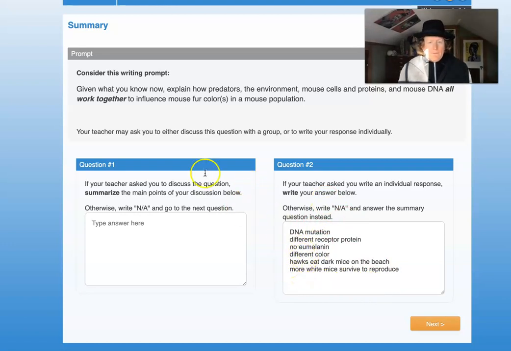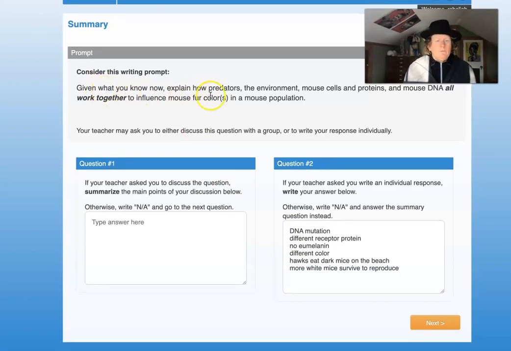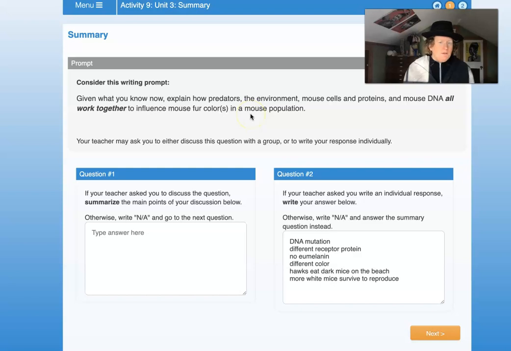And we're trying to pull everything together here. Given what we know about predators, the environment, mouse cells and proteins and mouse DNA all work together to influence mouse color. So we have to go back to the hawks. Why are these mice different? The hawks eat dark mice on the beach, and more white mice survive to reproduce.